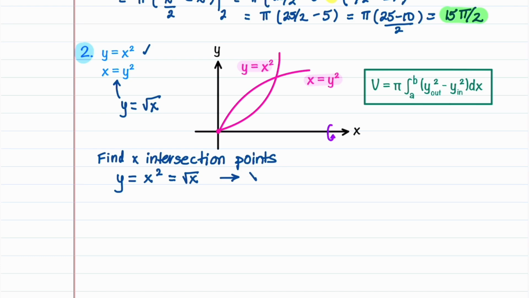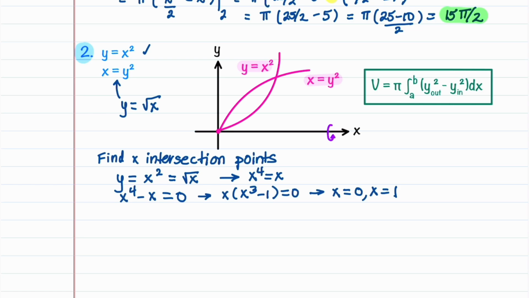So this gives us x to the fourth is equal to x, and that equation we can easily solve. I'm going to subtract x from both sides, and we get x to the fourth minus x is equal to 0. We can factor this, we'll pull out an x, and we have x cubed minus 1 is equal to 0, and this gives us that x is equal to 0, and x is equal to 1.